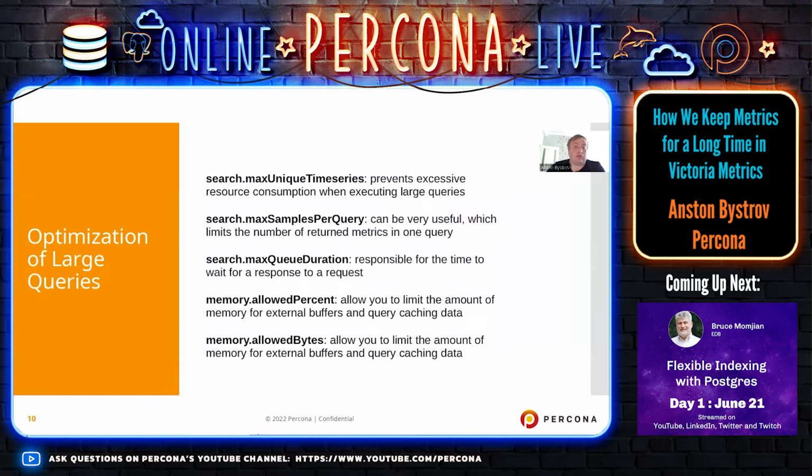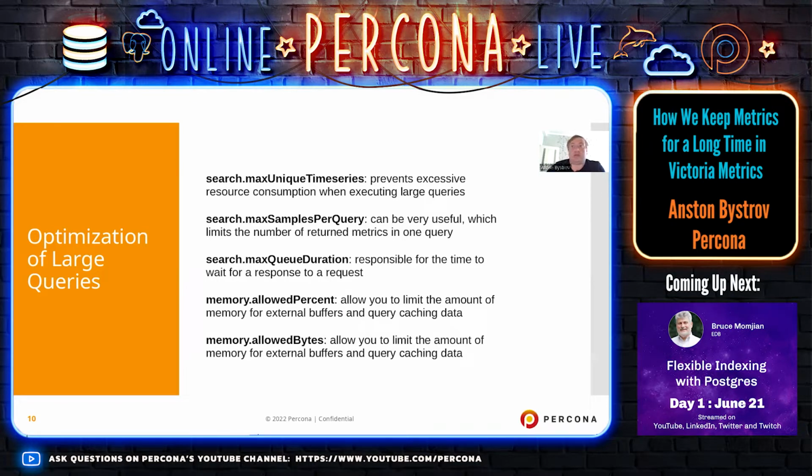Let's talk about how we can change some settings in VictoriaMetrics to keep many metrics for a long time. Let's talk about flags. VictoriaMetrics has many flags, and here we talk only about 5 of them as a sample. If the number of metrics and their storage time increase, the amount of required resources for the application will increase too.